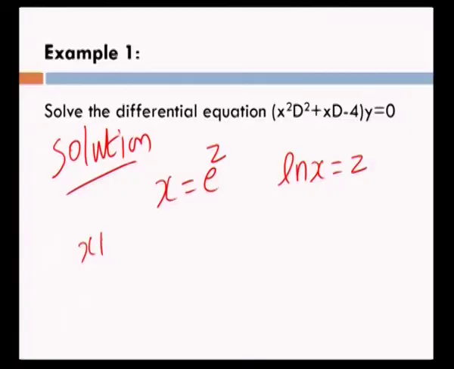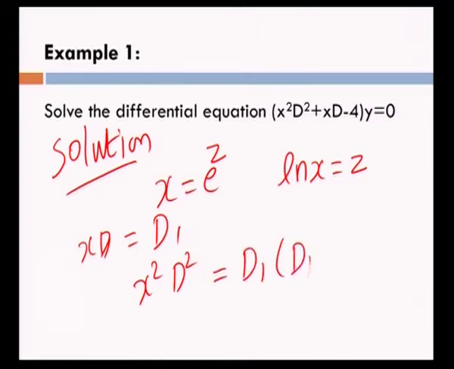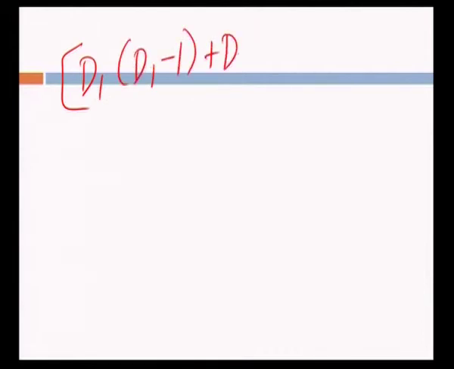We can substitute all those formulas here. So, xd is equal to d1 and x square d square is equal to d1 into d1 minus 1. Then substitute all these things in the given equation. The given equation will reduce to d1 into d1 minus 1 plus d1 minus 4 into y is equal to 0.